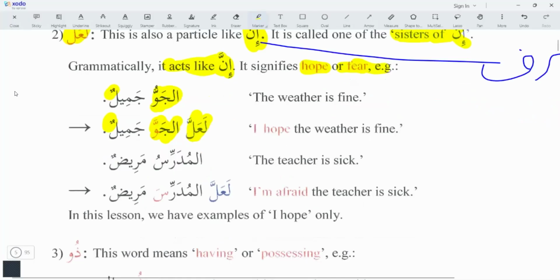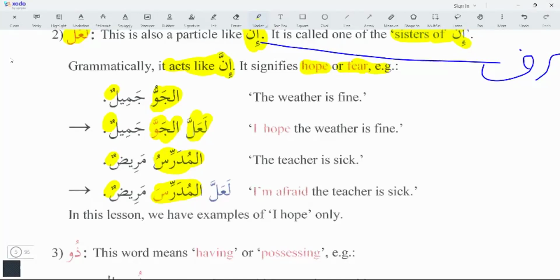Another example: al-mudarrisu maridun. Al-mudarrisu is mubtada, maridun is khabar. After using la'alla, al-mudarrisa maridun. There is no change in the maridun.